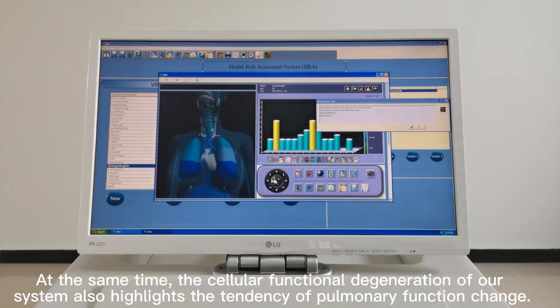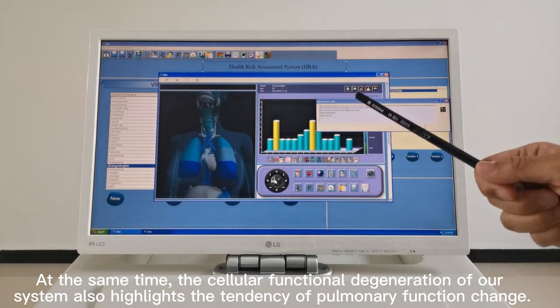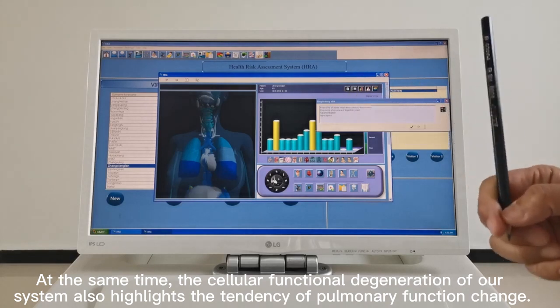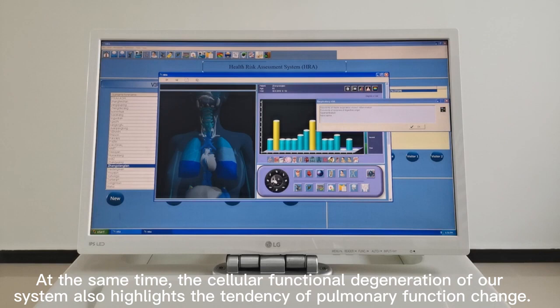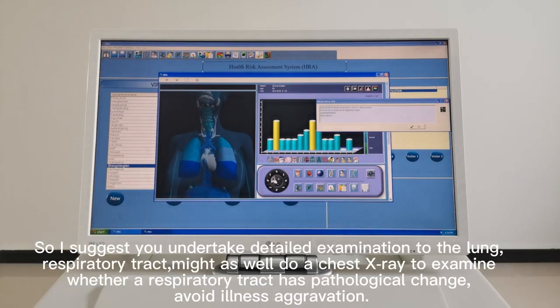At the same time, the cellular function degeneration of your system also highlights the tendency of pulmonary function change. So I suggest that you undertake a detailed examination of the lung and respiratory tract. You might as well do a chest X-ray to check whether the respiratory tract has a pathological change, to avoid illness aggravation.